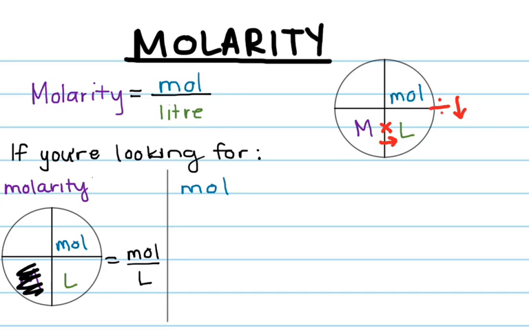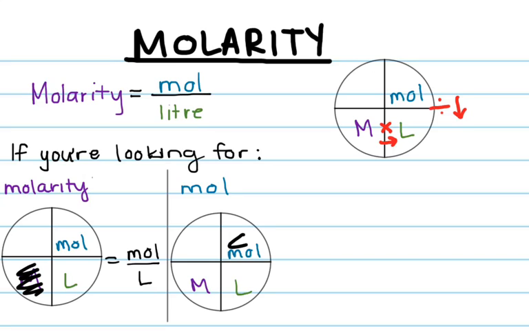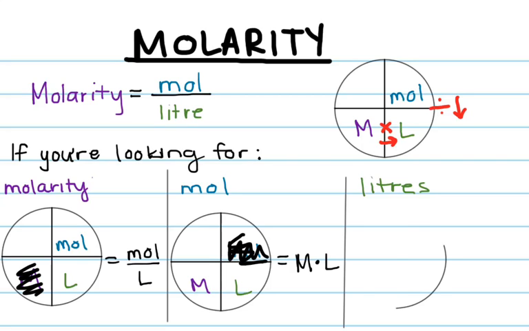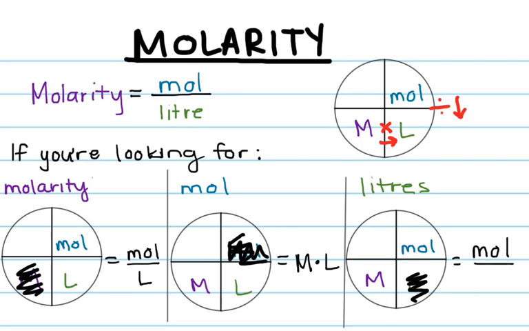Then if you were looking for moles, say someone gave you molarity and liters, you would draw your circle again, fill it in, then cover up moles. This gives you molarity times liter equals moles. Last, if you're looking for liters, you would draw your circle again and cover up liters. Since you're going down, you divide moles divided by molarity.